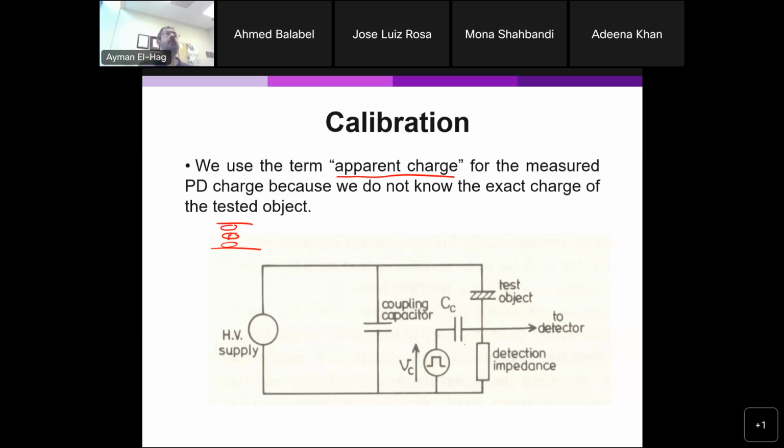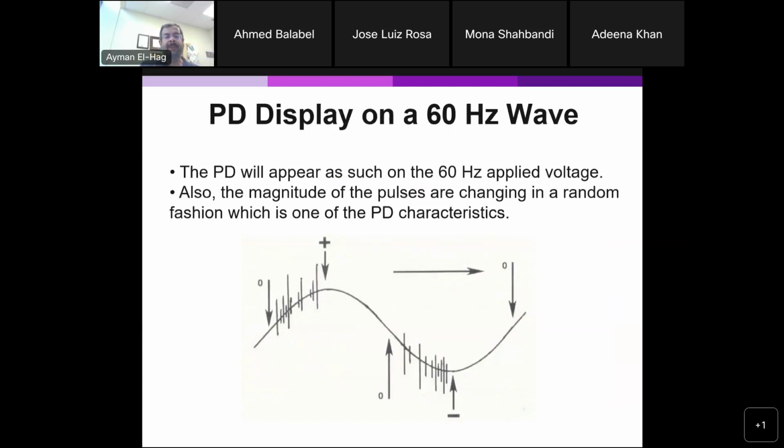And we don't know where the location of the discharge inside the insulation system is, to estimate the capacitance and then estimate the actual charge. This is why, when you apply this method, you always use what we call the apparent charge.